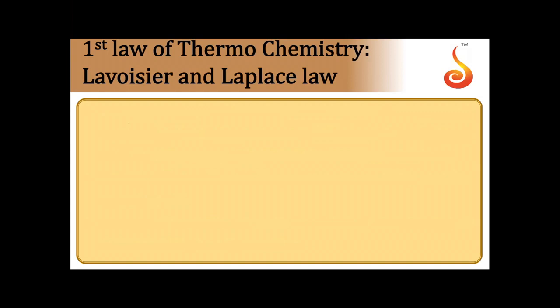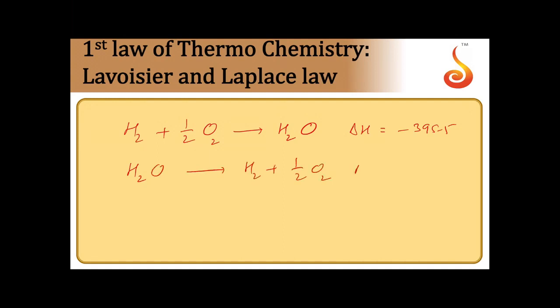Say for example, if you take H2 plus half O2 giving rise to H2O, here we have taken formation, delta H is equal to minus 395.5. Now when you reverse the reaction, H2O giving rise to H2 plus half O2, then here delta H will be plus 395.5 kilojoules.